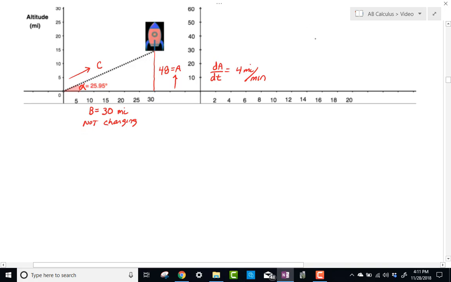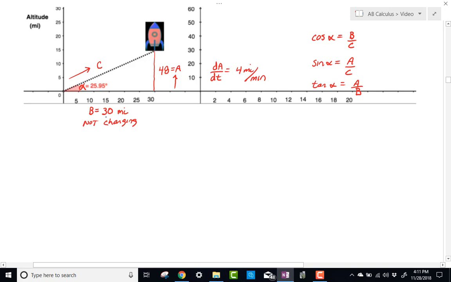You've got three choices for right triangle trig. You could do cosine of alpha equals B over C. You could do sine of alpha equals A over C. Or you could do tangent of alpha equals A over B. How do you know which one to pick?